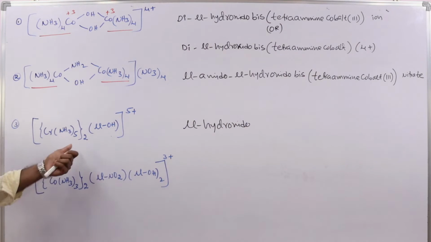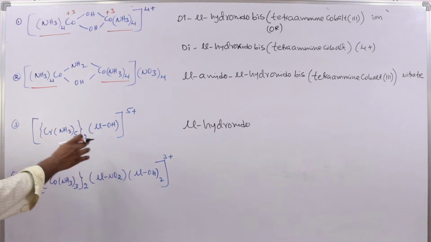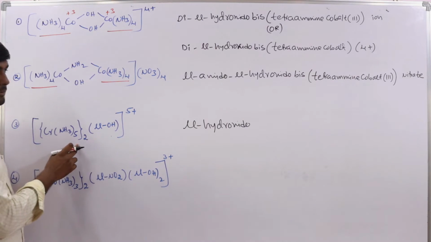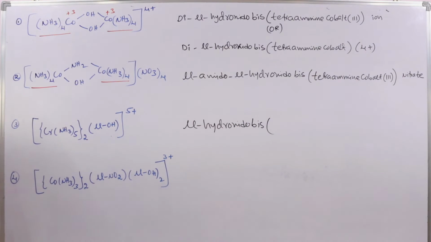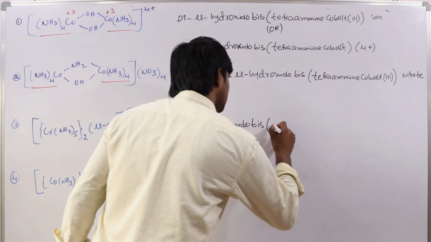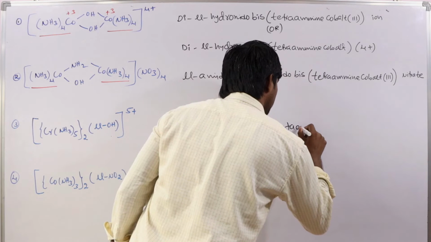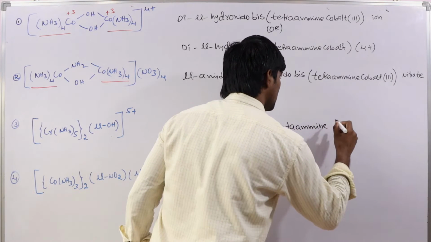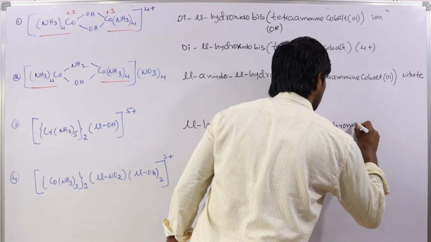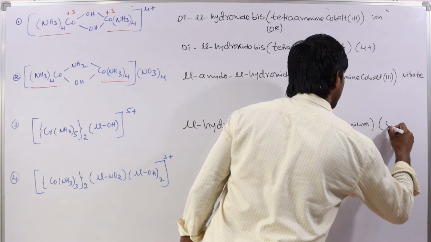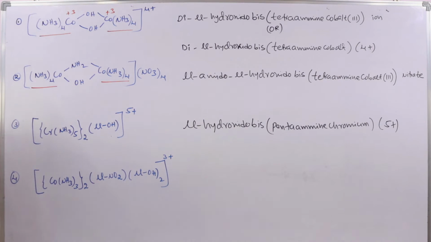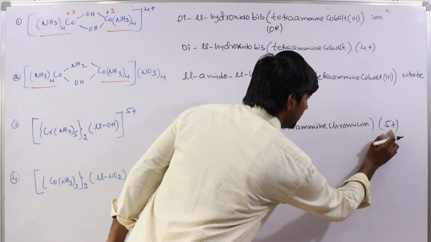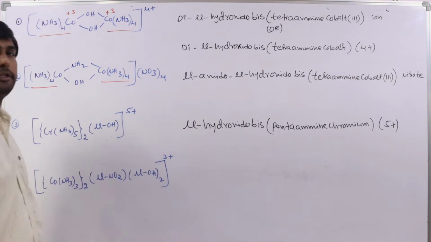Mu hydroxido, and then this unit is repeating 2 times, so bis pentaamine chromium 5 plus. This is nothing but the overall charge present on the coordination sphere.